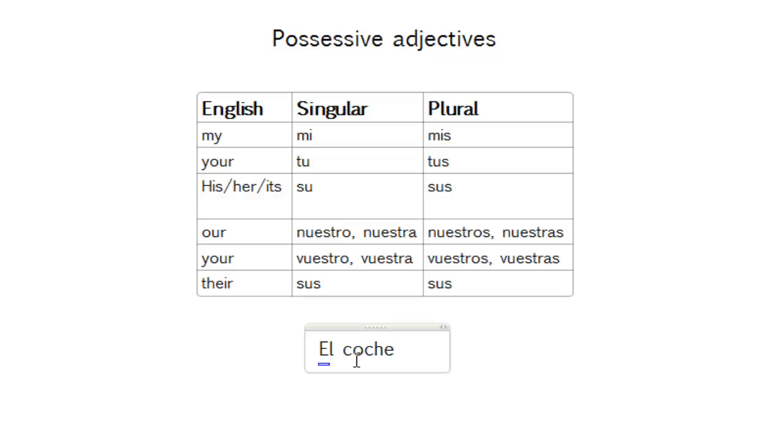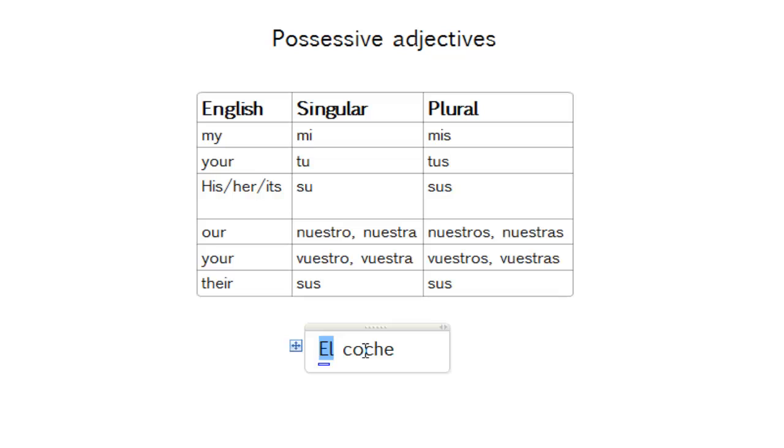Try and get that. Mi coche. Okay, your car, tu coche. Now this next one, his, her, and its, gets a bit confusing, because sometimes you say su coche and you don't know who you're talking about.